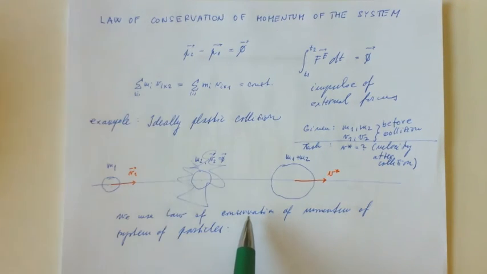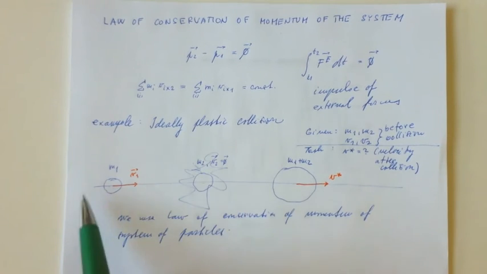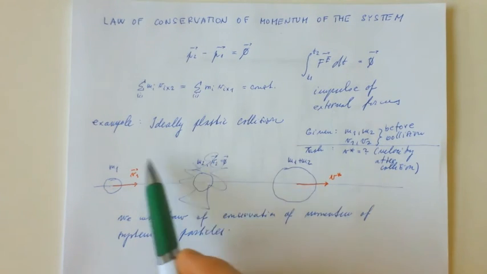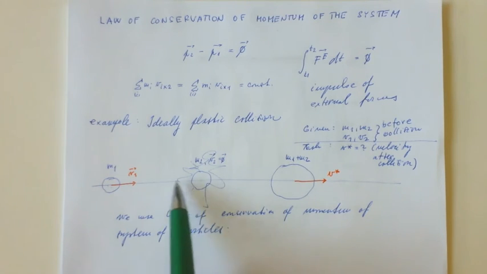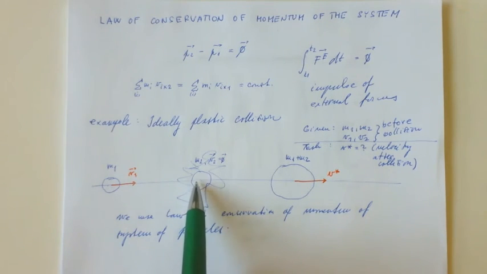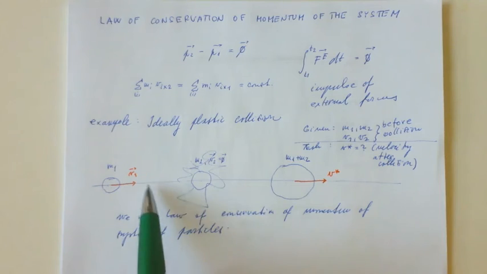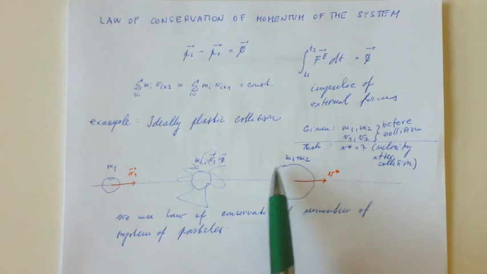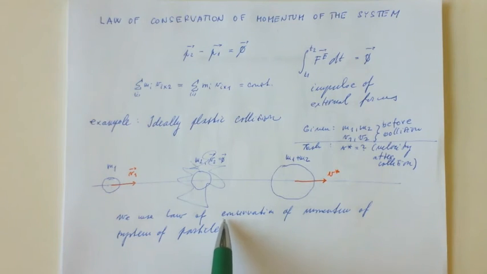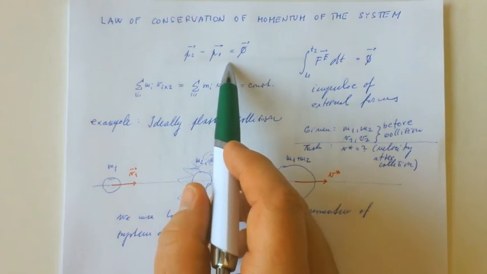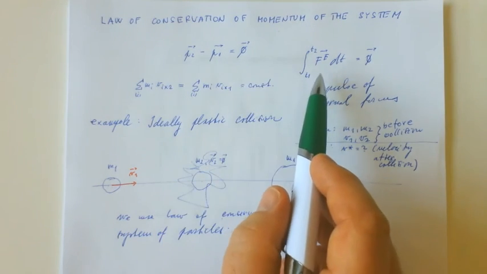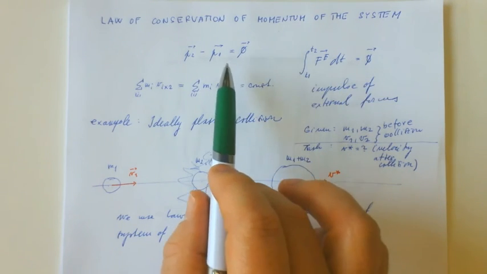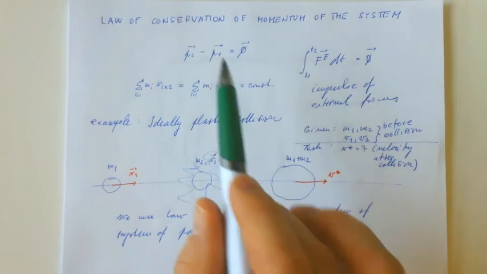Because for a change of total momentum of the system we need an acting external force. There is no external force. There are only internal forces, action and reaction. Okay, so there is no external force, so we use this law of conservation in this example.